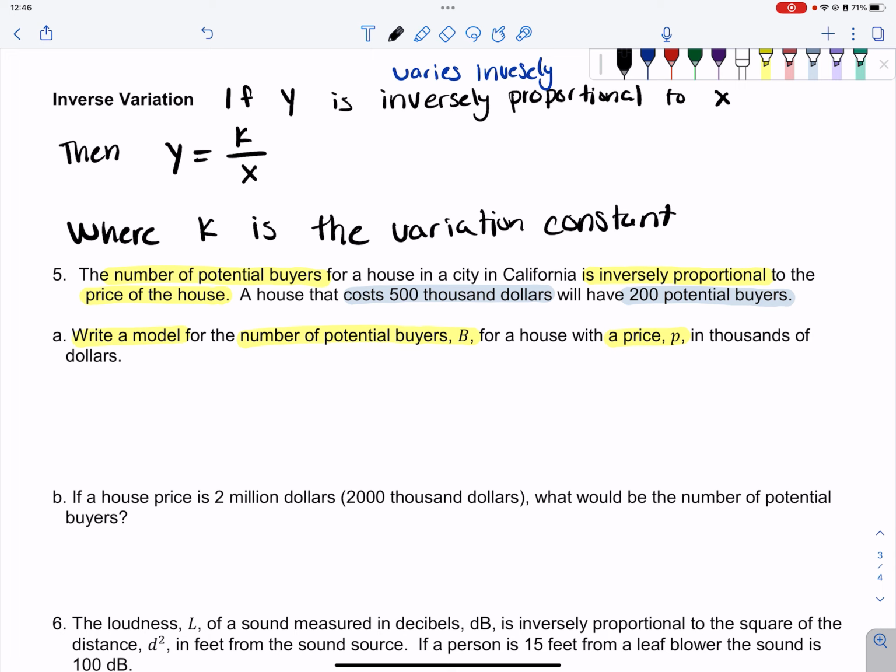Okay, so we were told that the number of potential buyers is inversely proportional to the price.